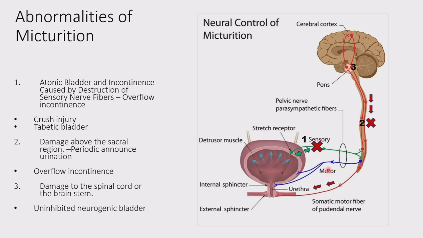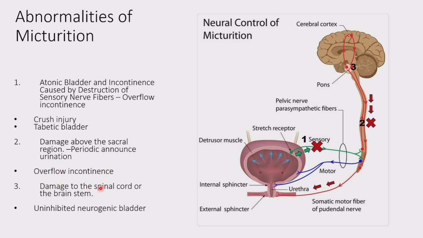But the voluntary control is now impaired because the signal cannot get through the damaged cord. As a result, incontinence occurs, or periodic unannounced urination occurs as the bladder contracts, overcoming the contracted external sphincter.